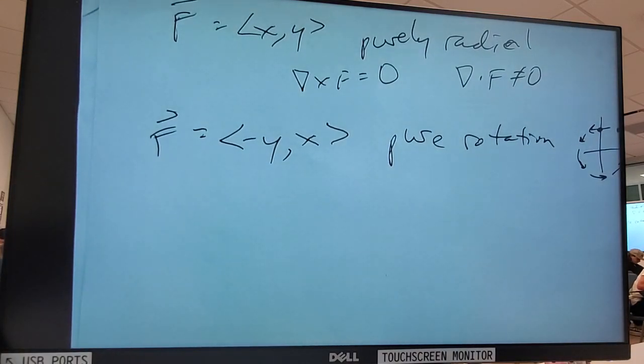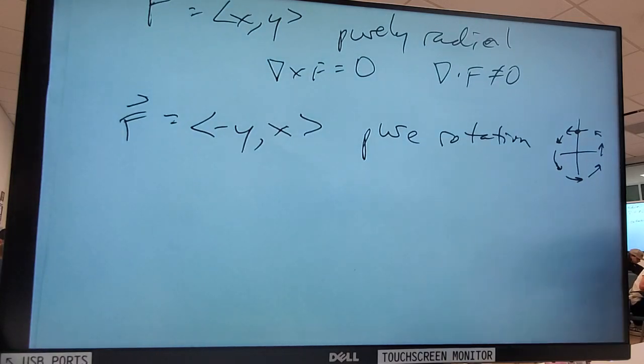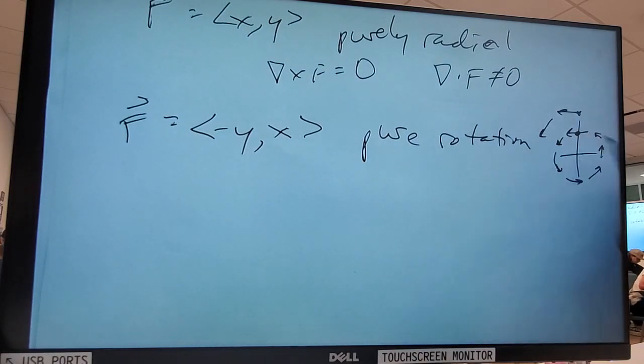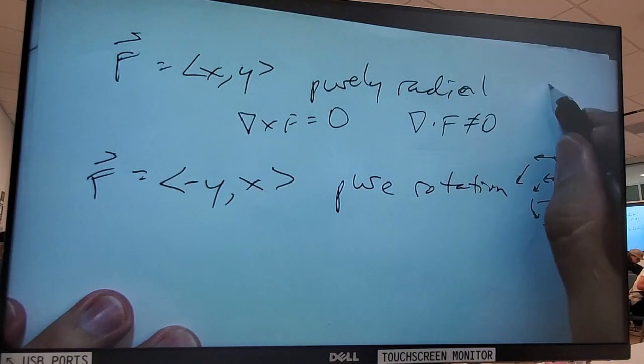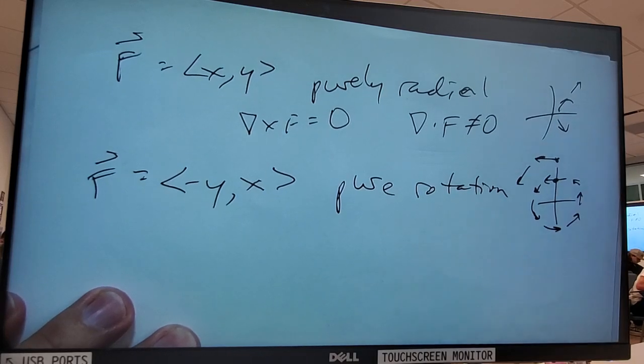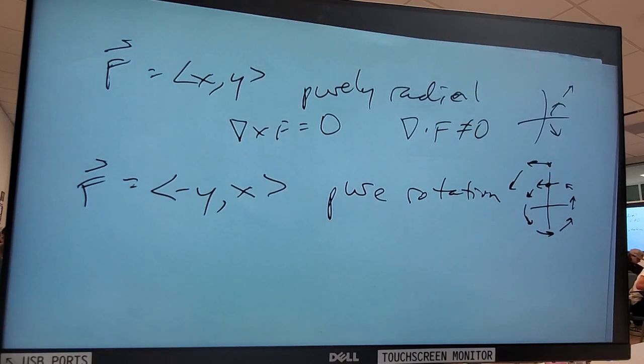There's no way for me to go further away from the middle or closer to it. I am stuck rotating. And if somebody else is born here, they're stuck on that bigger circle. And if I'm born on this one, I am gone. I eternally get further away. There's nothing but go away.